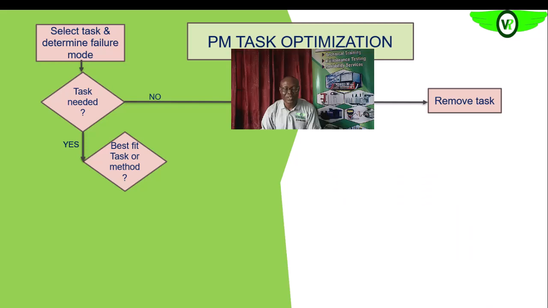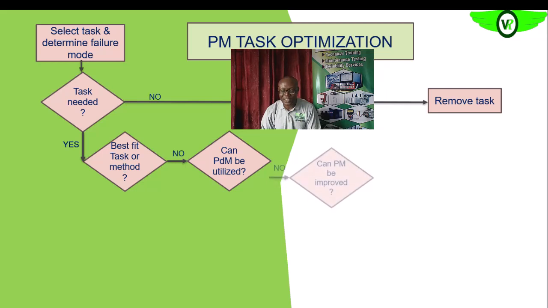If it's a no, can we use a predictive maintenance program to see when the failure mode is developing? Because even with this present maintenance task that we are deploying on the facility, that component also fails without us knowing. So all of this we need to really look at.